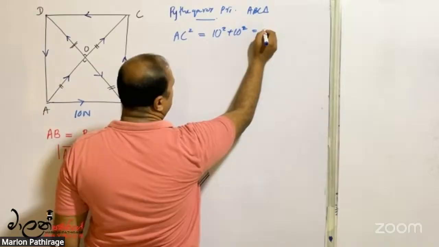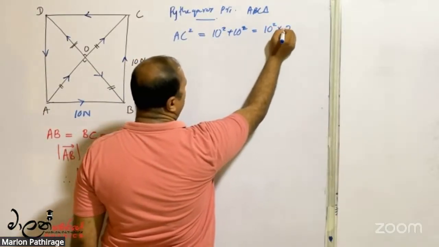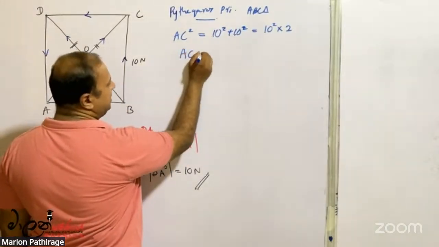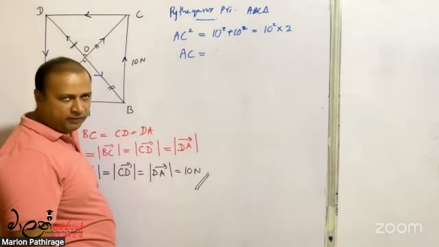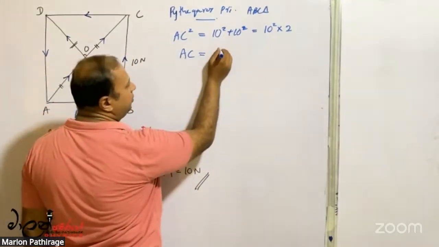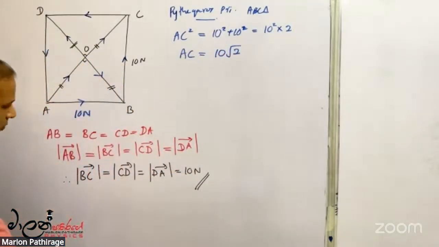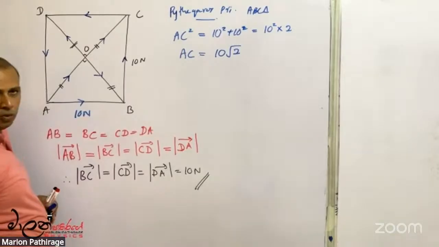That means 10 squared into 2. Therefore, AC means the square root of this one. The square root of 10 squared into 2 would be 10 into square root 2. So AC is equal to 10 into square root 2.